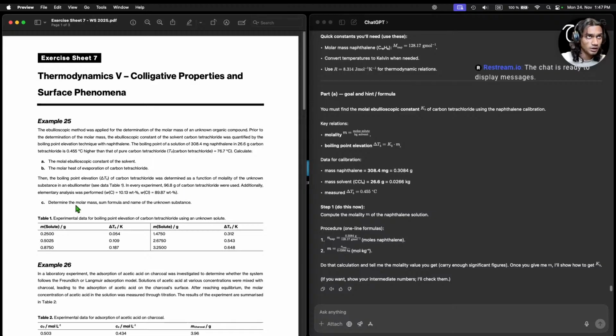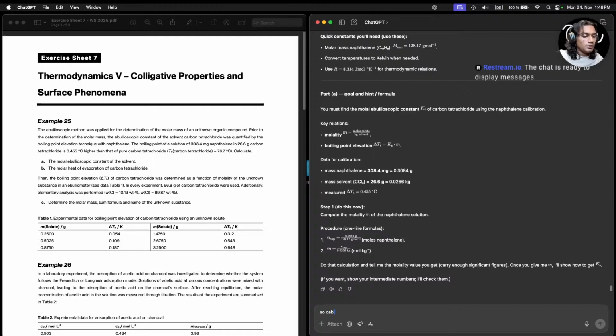Additionally, elementary analysis was performed, and the weight of carbon is 10.13 weight percentage, weight of chlorine is 89.87. Okay, carbon tetrachloride, of course it's tetrachloride. Makes sense. Determine the molar mass and formula of the unknown substance.